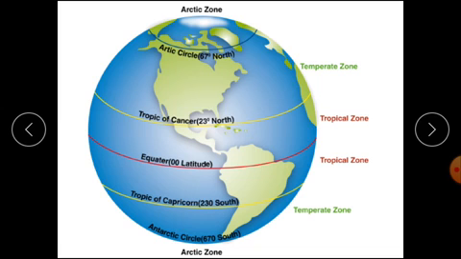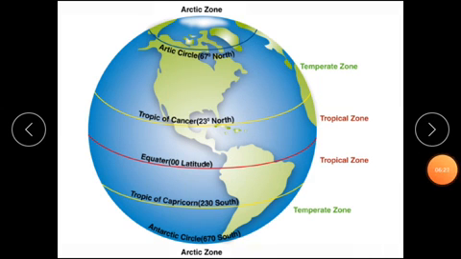The region between the tropics, the Tropic of Cancer and the Tropic of Capricorn, is called the tropical region. From the equator to the Tropic of Cancer is the tropical zone, and from the equator to the Tropic of Capricorn there is also a tropical region.